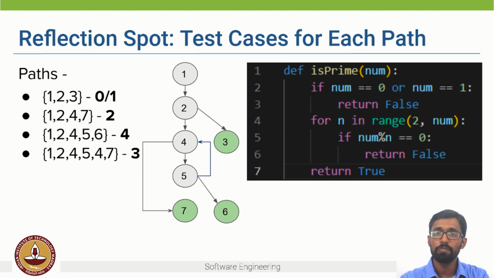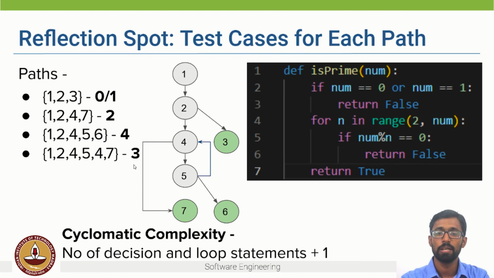Another way to determine how many paths there are in a function is to identify the cyclomatic complexity. We looked at cyclomatic complexity in the previous videos. It is nothing but the number of decision and loop statements plus 1.